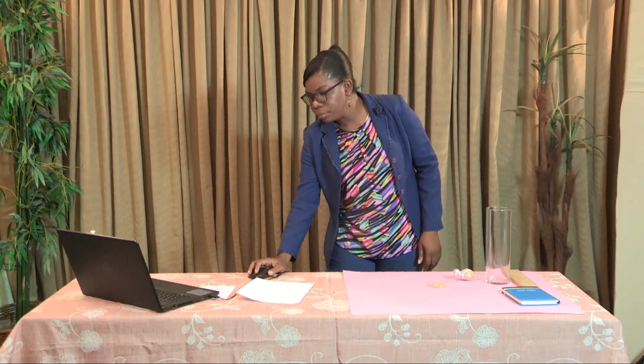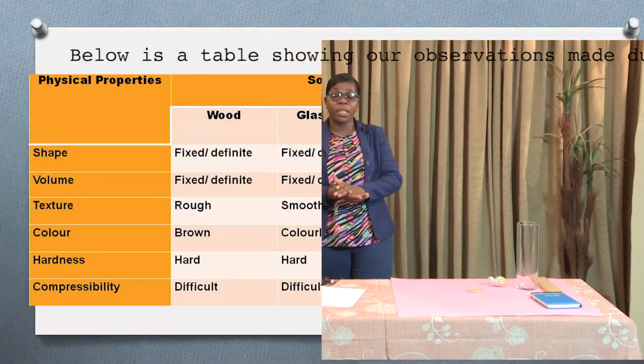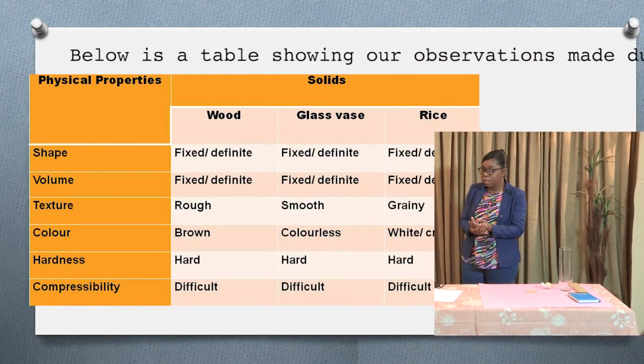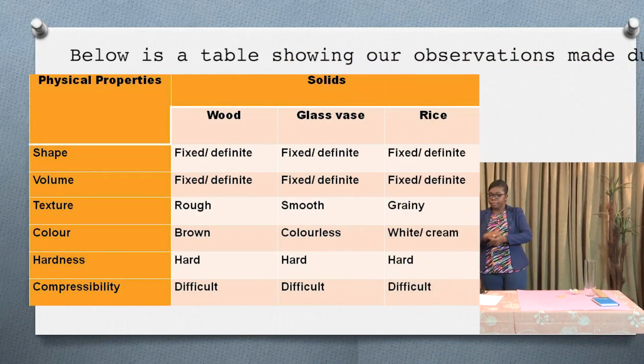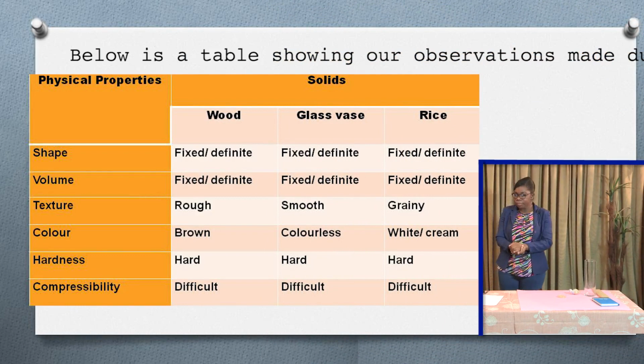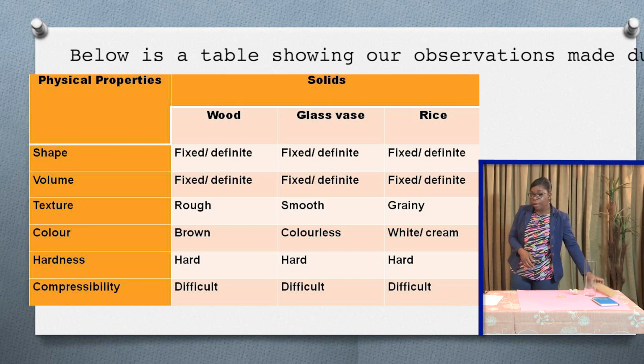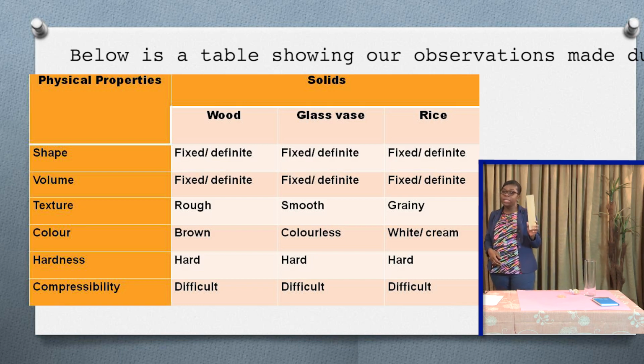Those were the physical properties of the solids we looked at. So let's go over them again. The wood, in terms of the shape, it was, or in fact it is, fixed, or we say definite.